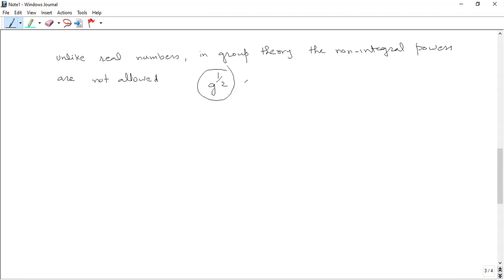So this is not allowed in group theory because this does not have any meaning.